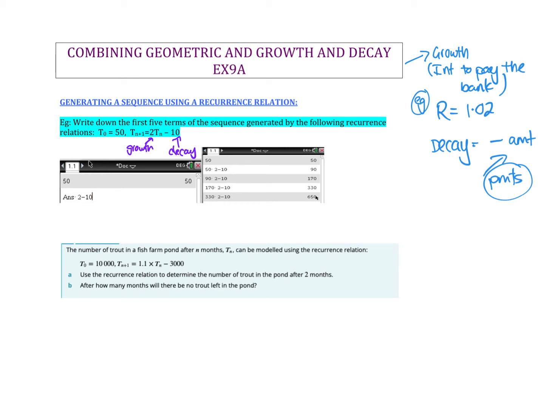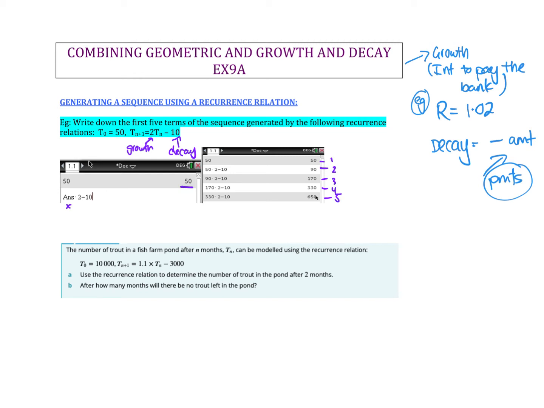You press 50 and enter, then go times 2, which ends up saying answer times 2, and then minus 10. So 50 times 2 would be 100, minus 10 would be 90. You can keep pressing enter, and you'll get the first 5 terms: 1, 2, 3, 4, 5.